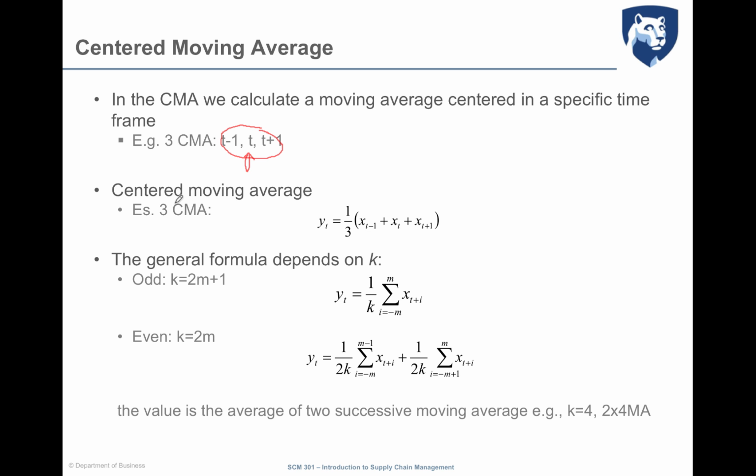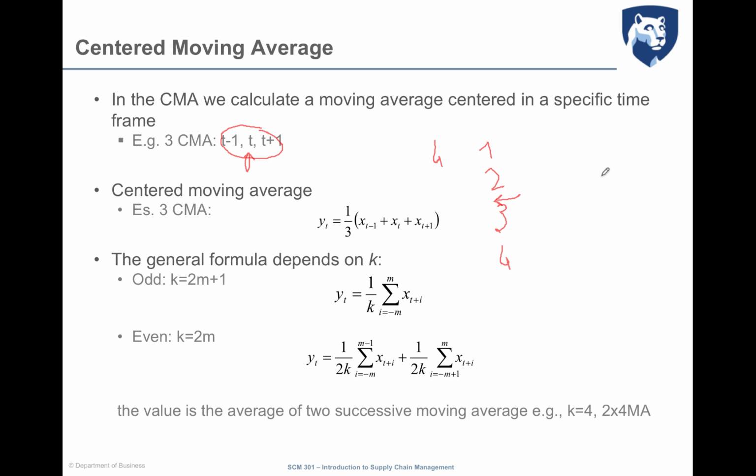If it is even, it is a problem, because you may want, for example, to calculate a moving average of 4 periods, a 4 center moving average, and in reality, if the periods are 4, the center is here, okay?